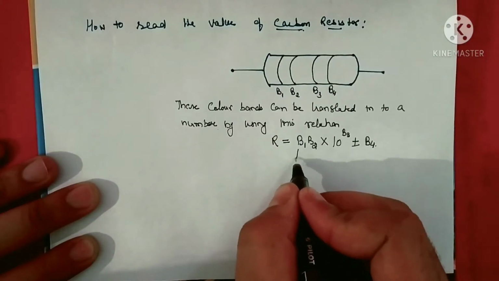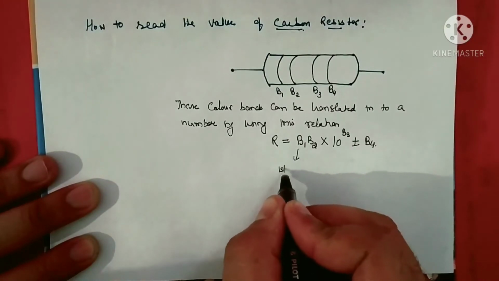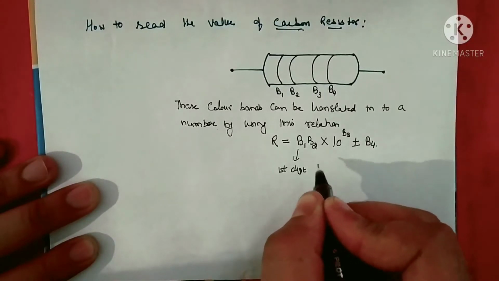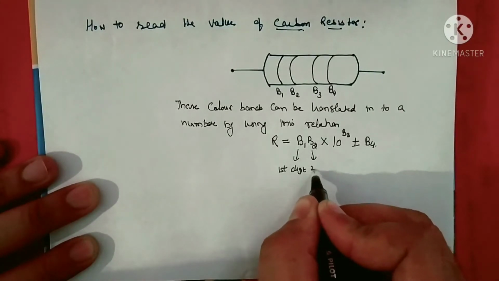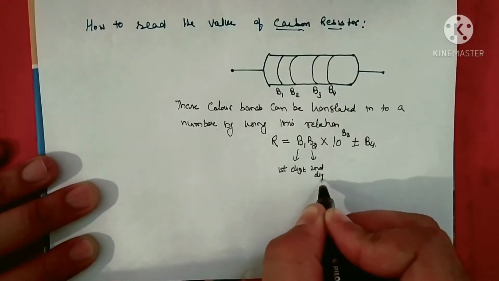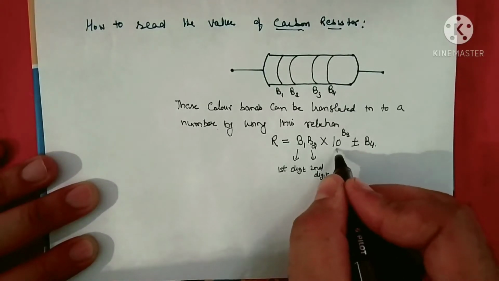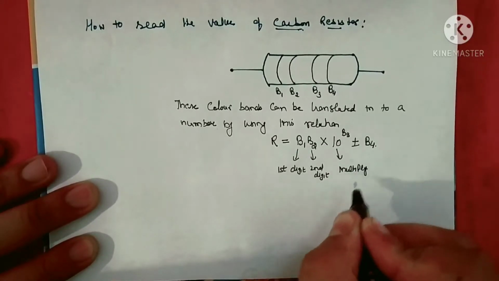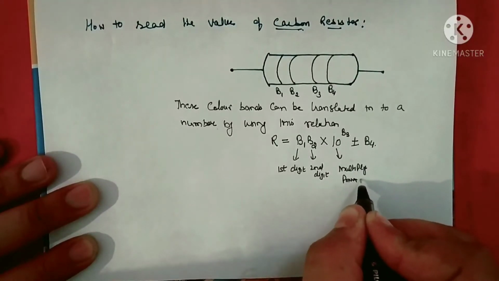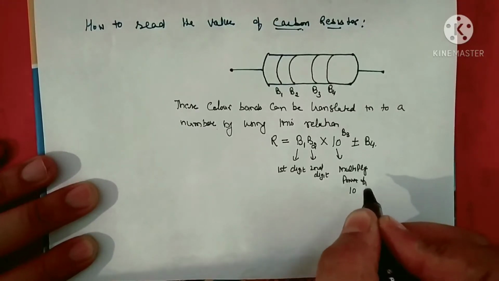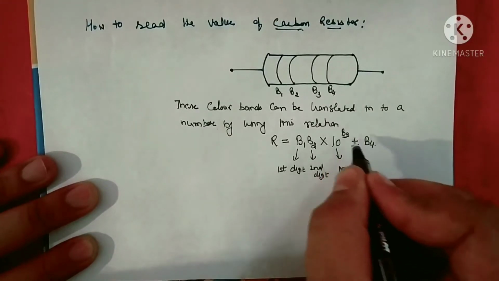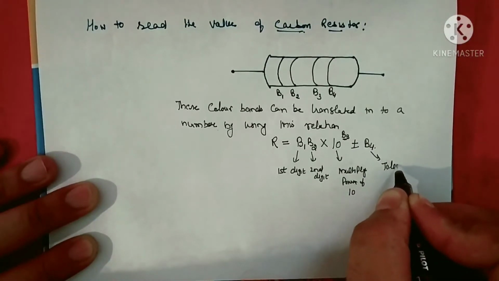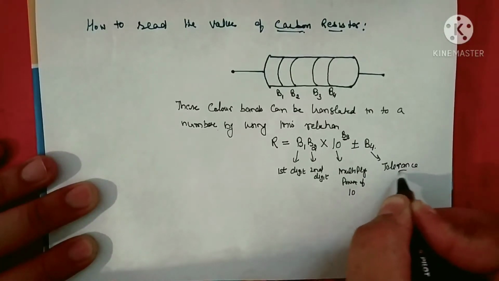Now B1 is the first digit of the number, B2 is the second digit, and this is our multiplier, the power of 10, and in the power of 10 there is B3, and B4 is the plus minus tolerance.